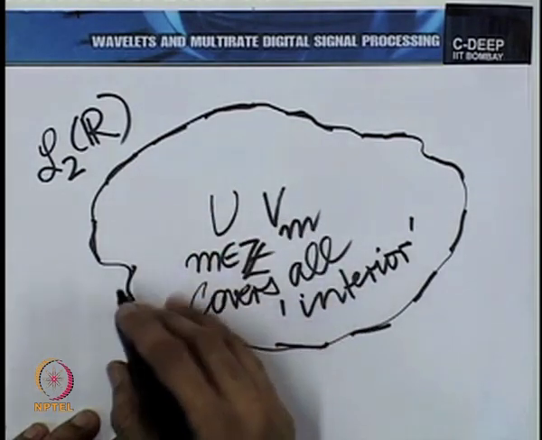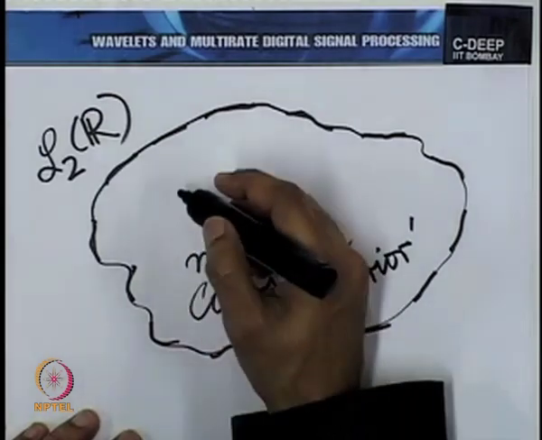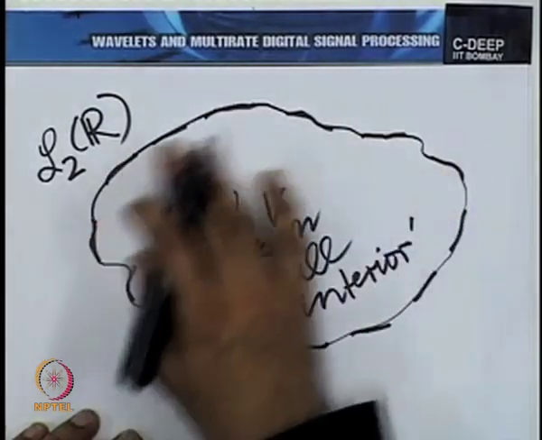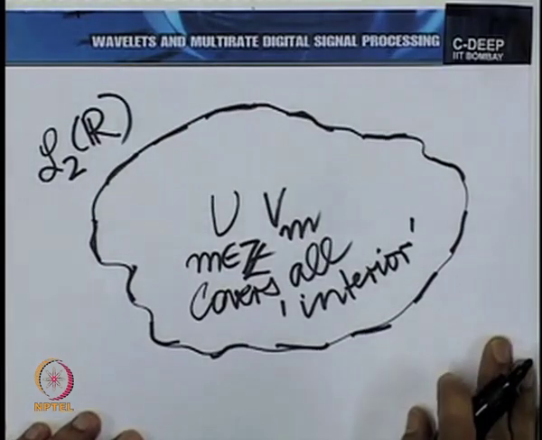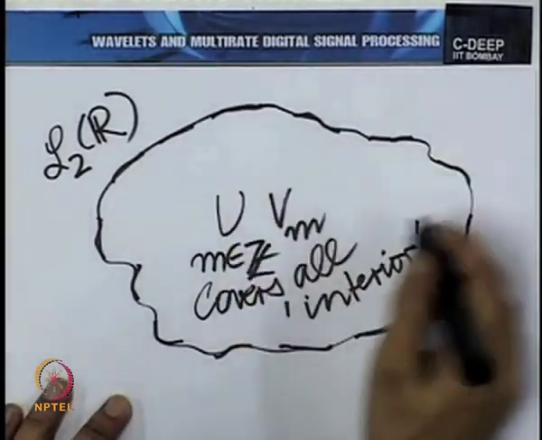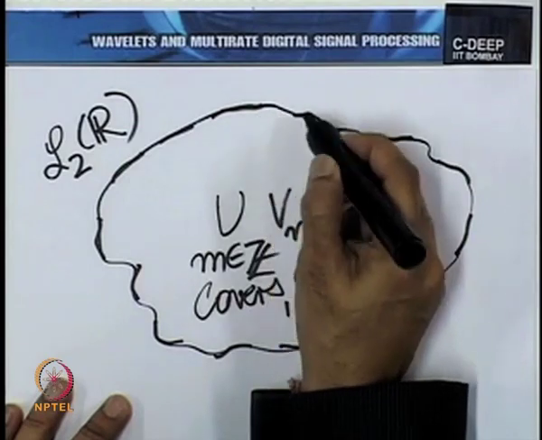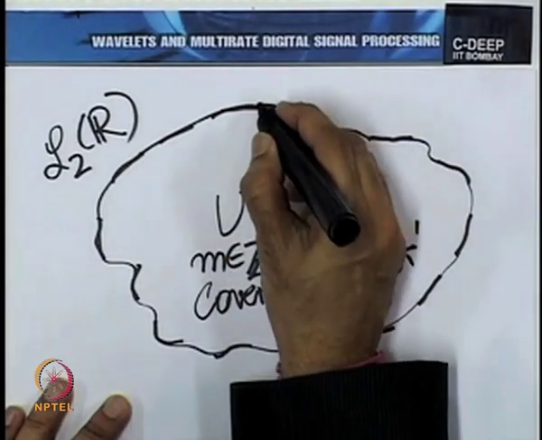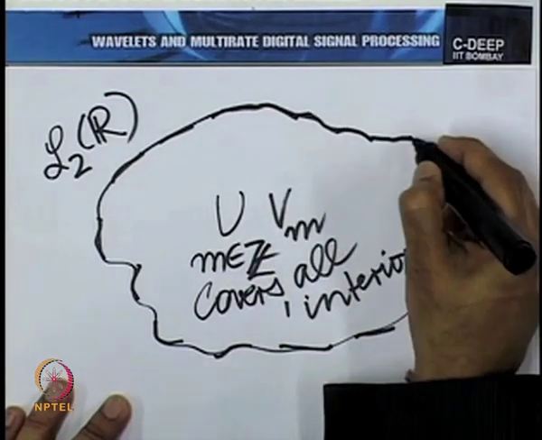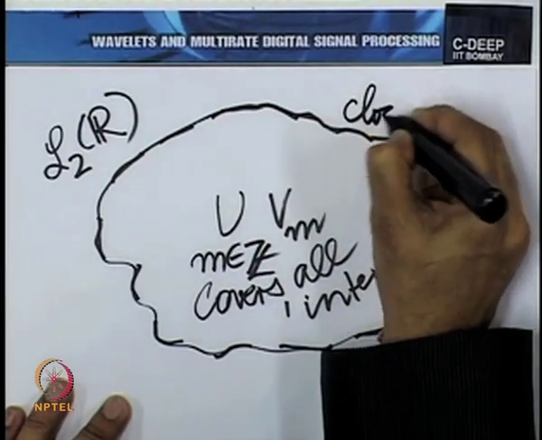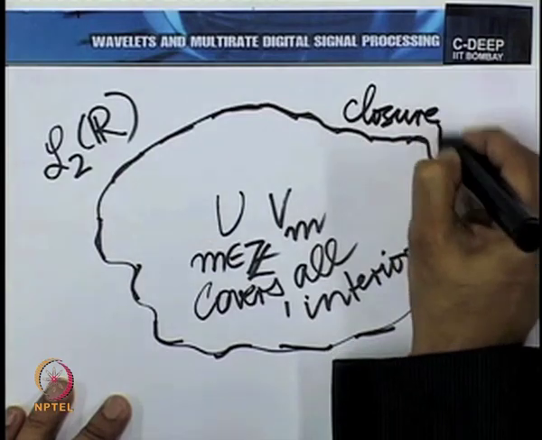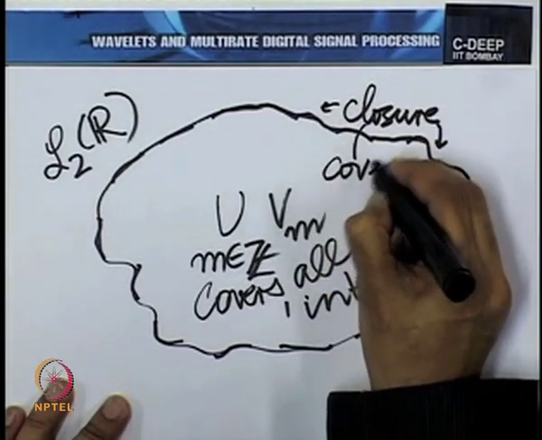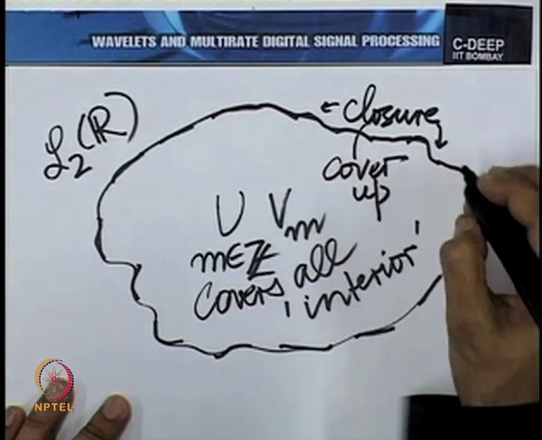But what we are saying is, as far as this union goes, it can take you almost all over L2(R); it covers all the interior. It may also cover quite a sizable part of the boundary, but it might leave some patches of the boundary untouched, and therefore, when we do a closure, we are covering up those patches. So, closure means cover up boundary patches.